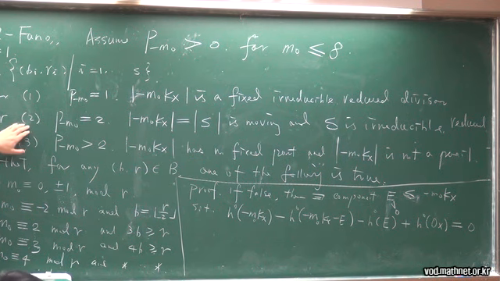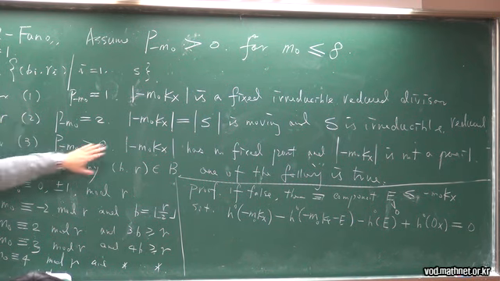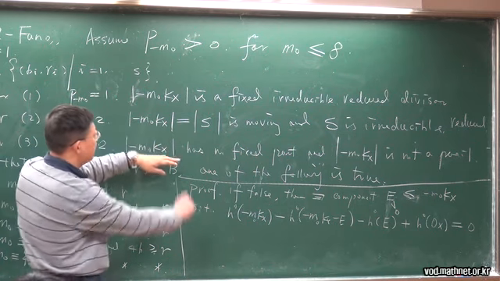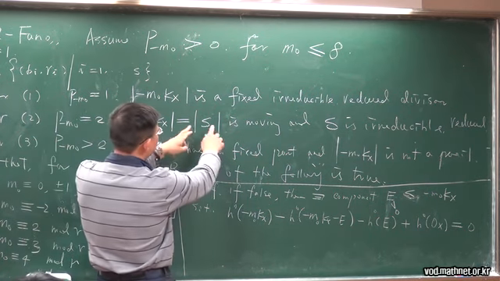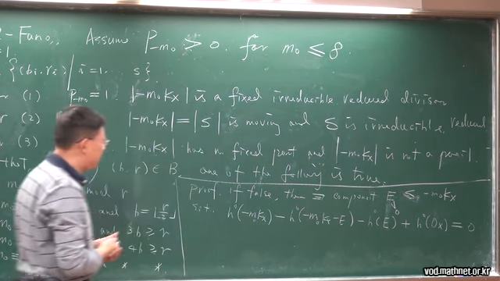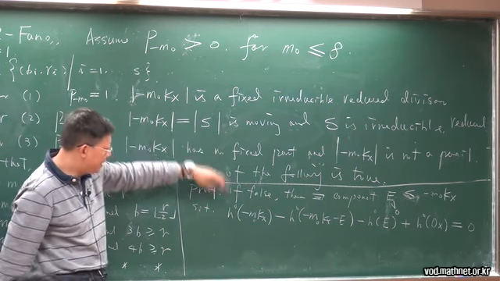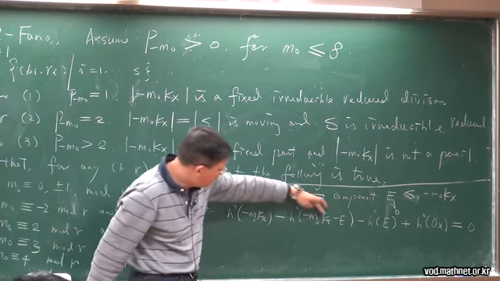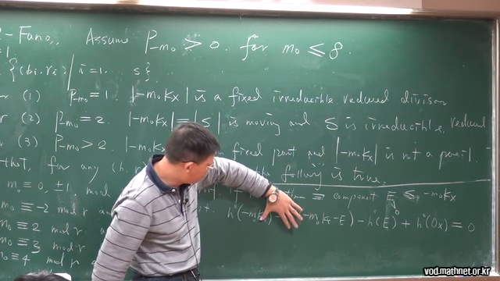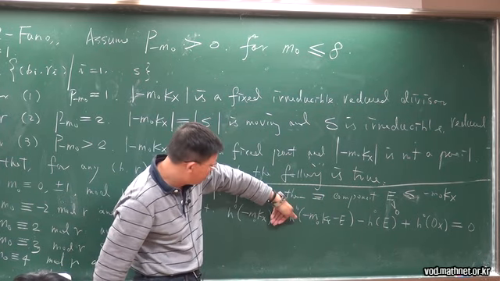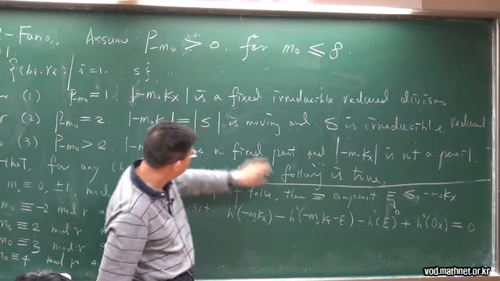In the second case, if this isn't true, then that means minus m naught kx can be s1 plus s2, or because this is a pencil, maybe this is 2s. Then this minus this drops by 1 because this is a pencil.